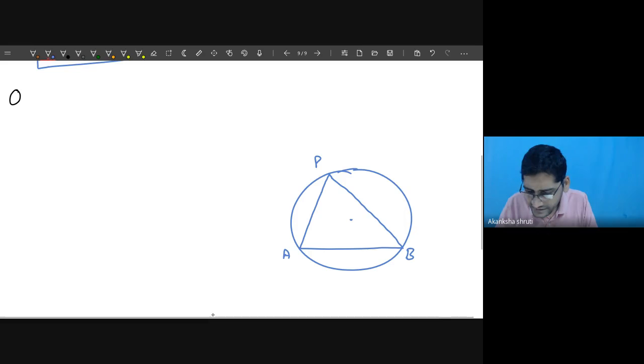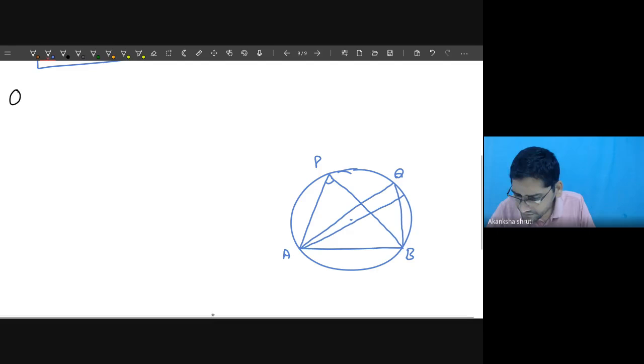Let us consider this angle as angle P. The other angle at Q. Another may take the angle here, R. These are the angles.